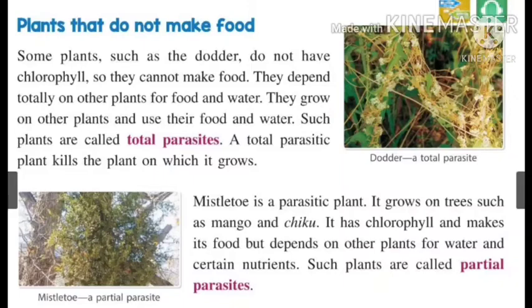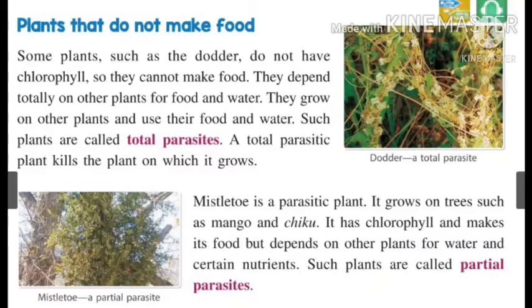So mistletoe is an example of a plant that depends on other plants but only for water and nutrients, because it has chlorophyll. It can make its own food but depends on other plants for water and nutrients. This type of plants are known as partial parasites.